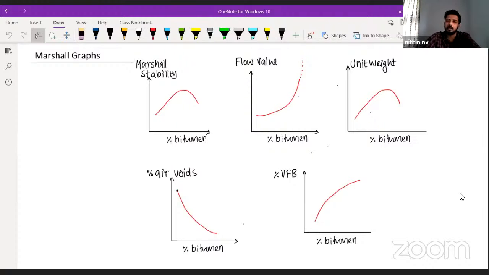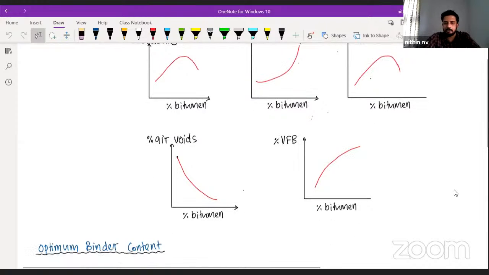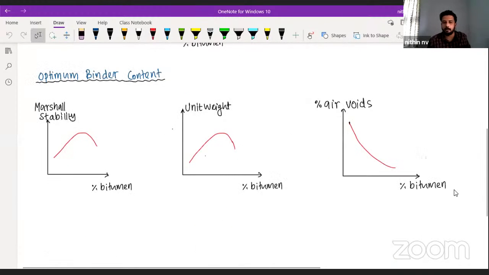In this, there is another extra concept I can tell you. As of now, for the GATE exam, they have not asked that concept. One extra concept: if we are drawing these graphs, if I am selecting 3 graphs from that, Marshall stability, unit weight, and percentage air voids, we can calculate the particular value of bitumen content or binder content.